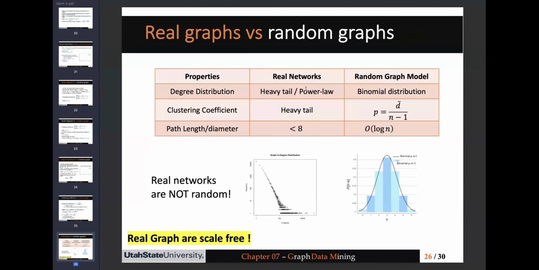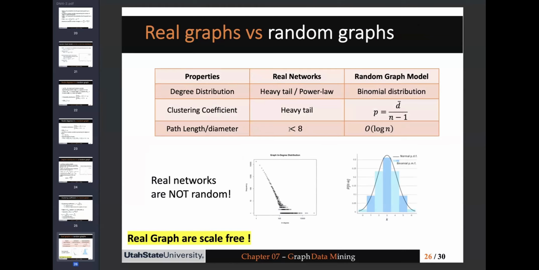Okay, so at this point we can clearly compare the difference between real networks and random graphs here. We could clearly see from the previous slide that real networks typically have heavy tail degree distributions, high clustering coefficients, and a very short path length, right?